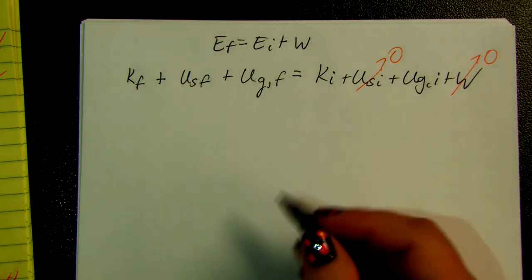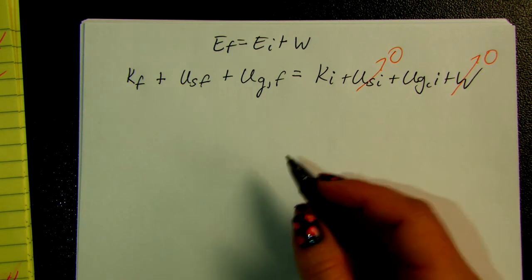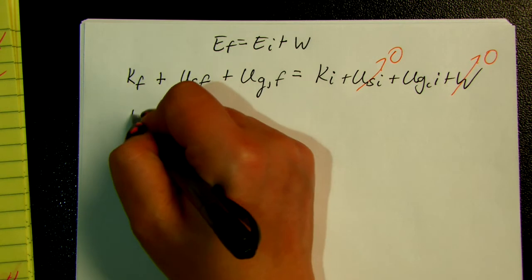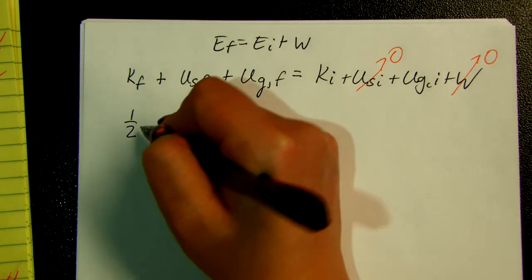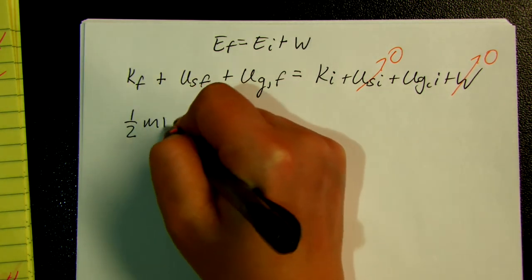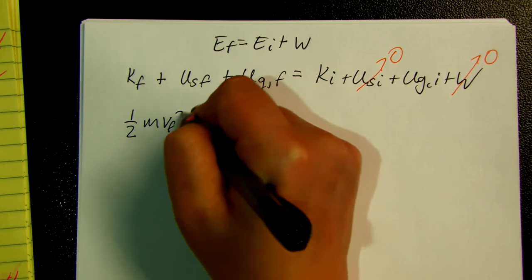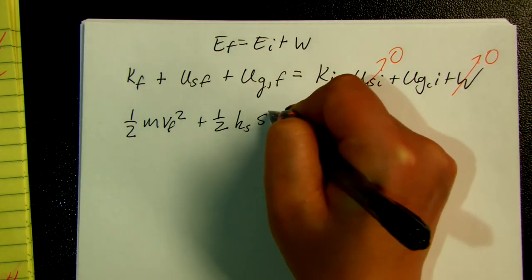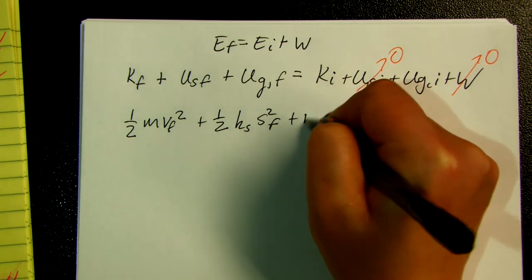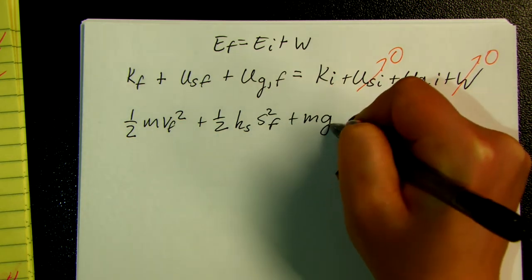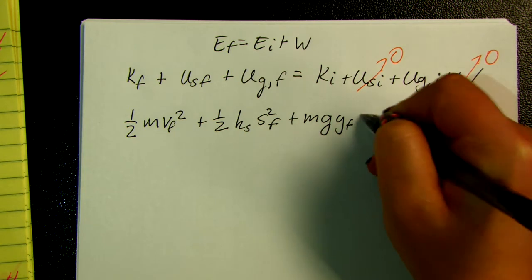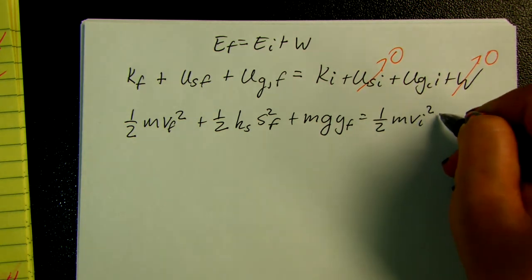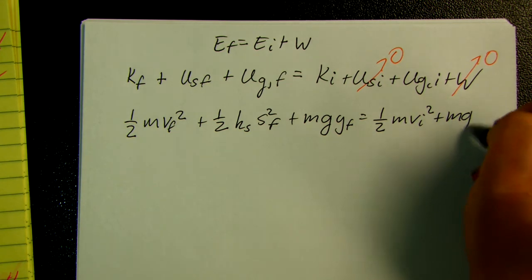Okay, so the term that we are solving for is still embedded. So let's go ahead and flesh these out. So 1/2 m v final squared plus 1/2 k sub s squared final plus m g y final is equal to 1/2 m v i squared plus m g y i.